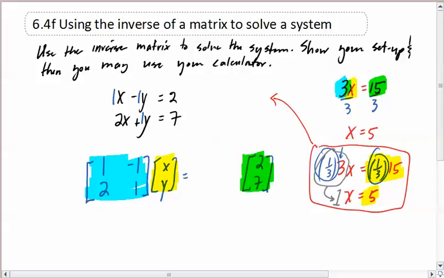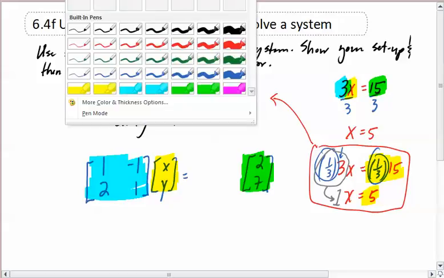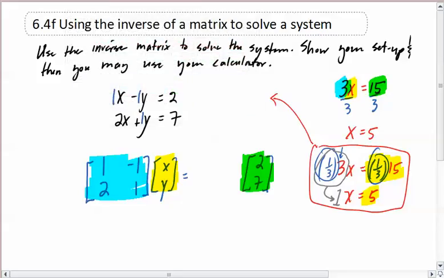Now I'm going to find my inverse matrix. Alright, I'm trying to find another highlighter color. That's alright. So let's find my inverse. Now, it's a 1, -1, 2, and 1. I'm going to go to my calculator.